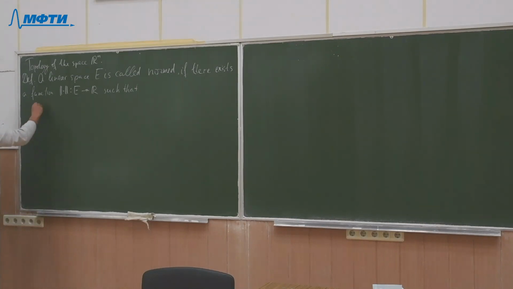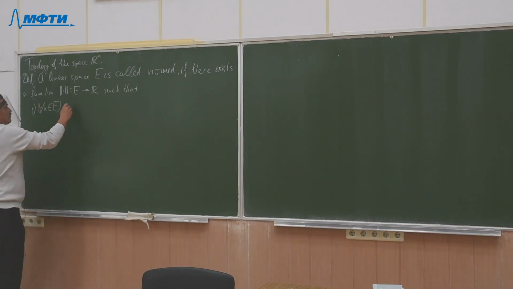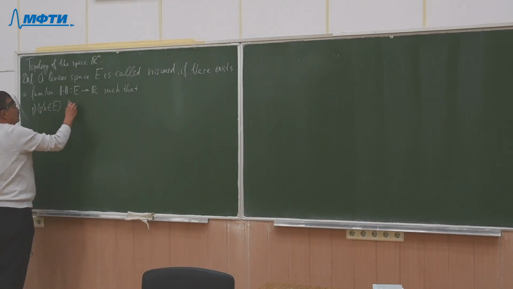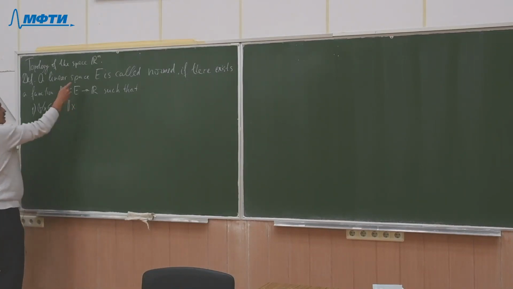First, for arbitrary x in E, we have the norm of x. If we are talking about a linear space, I'll put arrows to indicate these are vectors.